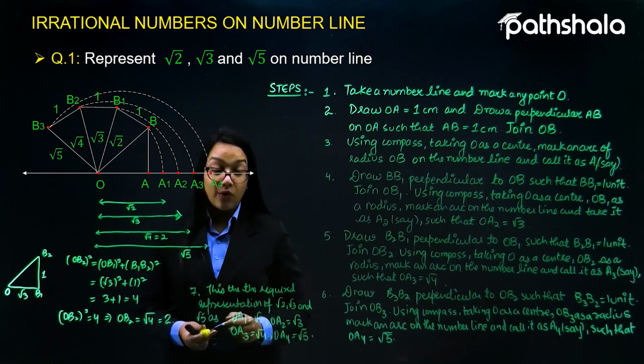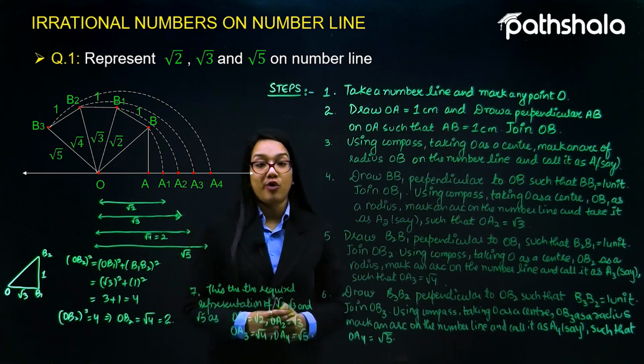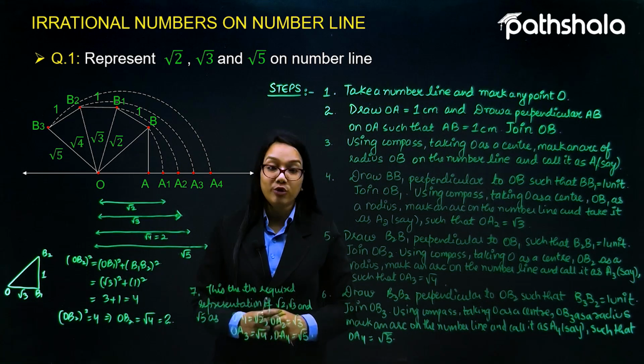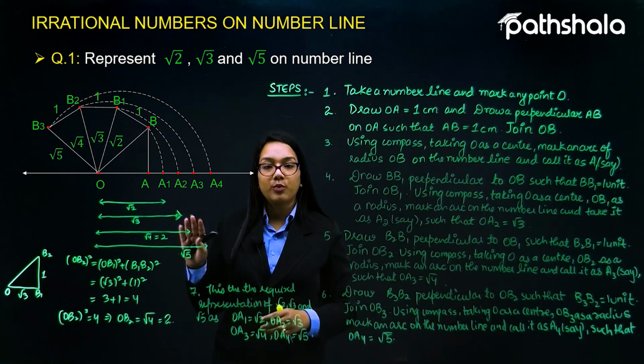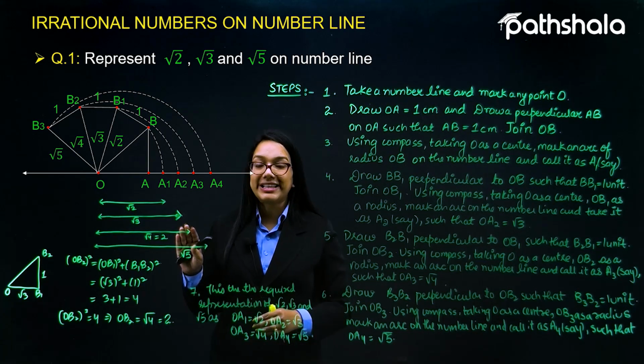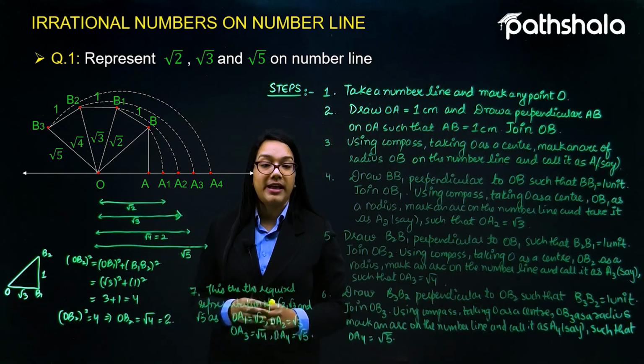So this is all about the representation of root 2, root 3, root 5 on the number line. I hope all the steps related with the representation of these irrational numbers on the number line are all clear to you.